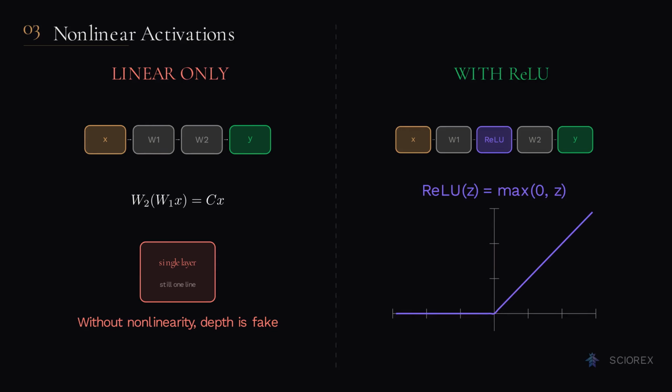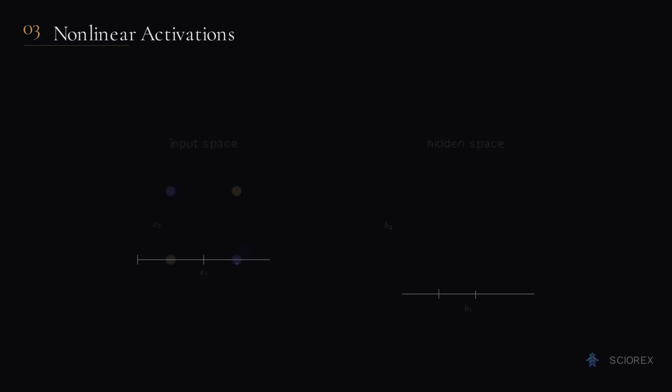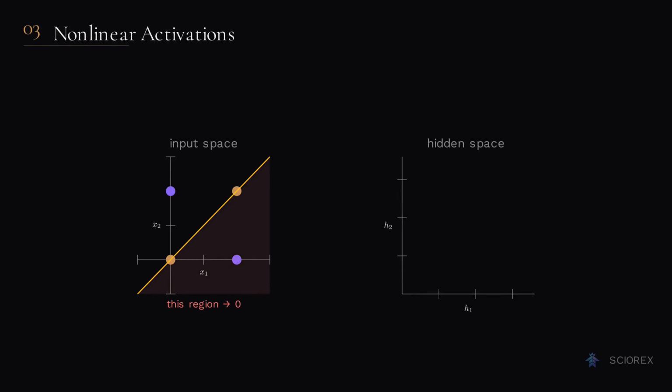The most common activation today is ReLU, rectified linear unit. It does one thing. If the input is negative, output 0. If the input is positive, pass it through unchanged. That's it. Geometrically, ReLU folds the space. It takes part of the input space and flattens it to 0 while leaving the rest intact.